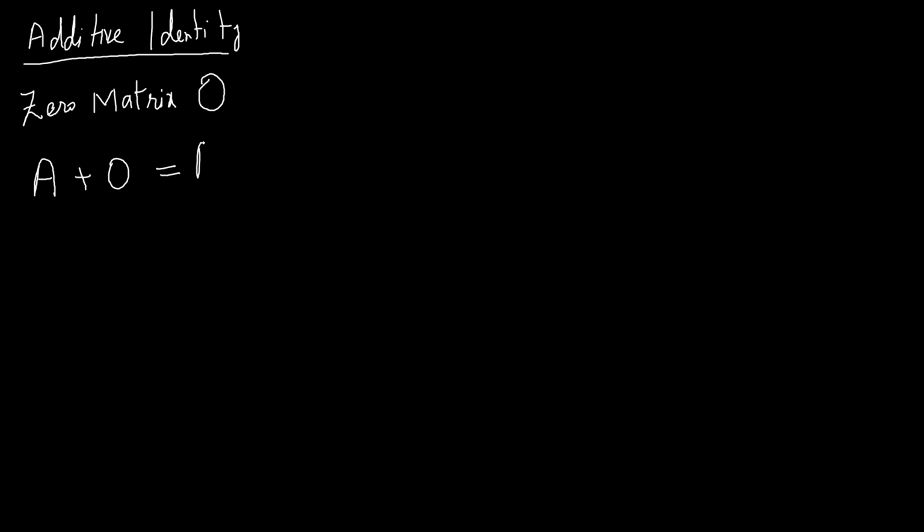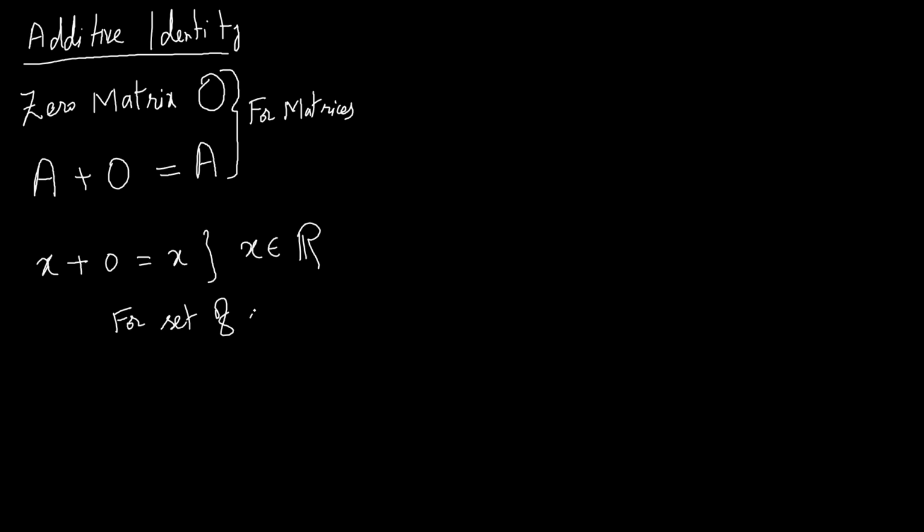Let us recap a few ideas to build a background for the new concepts. We have already discussed that zero matrix acts as the additive identity. The set of real numbers also has the additive identity, which is the number 0.